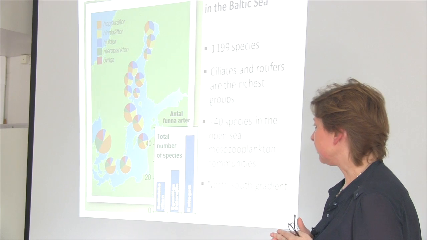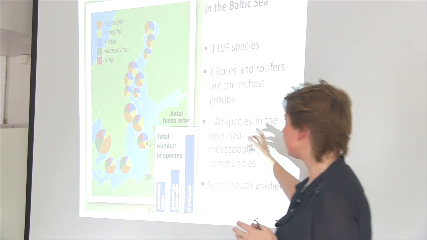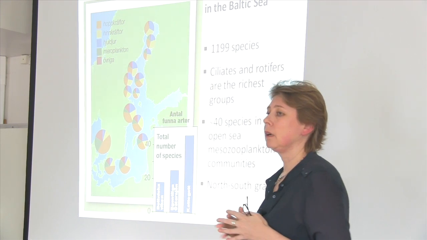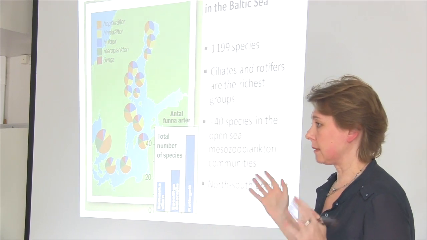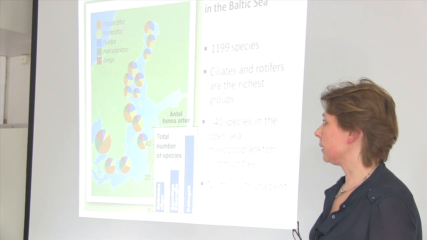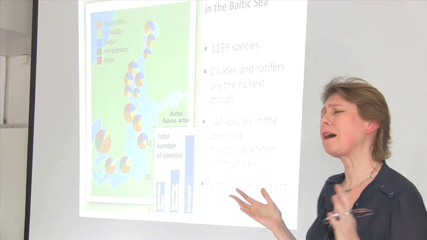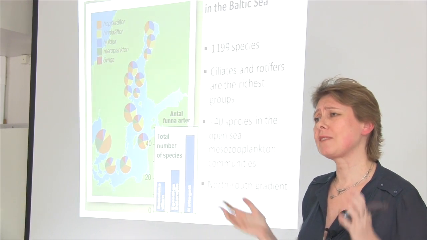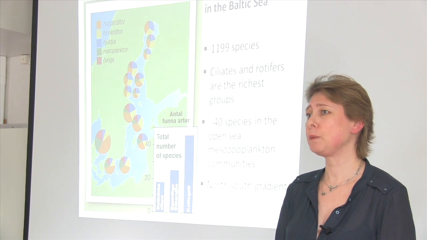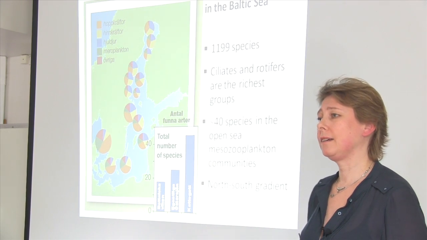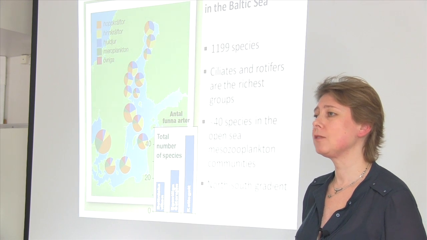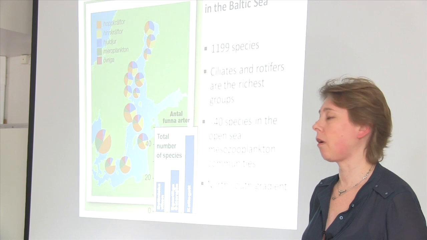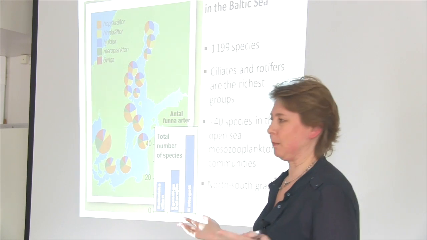Among mesozooplankton, we have about 40 species that occur more or less regularly in the open sea. Most of our sampling, again, because of the length of the VP2 net, is restricted to areas with a bottom depth of at least 20 meters.